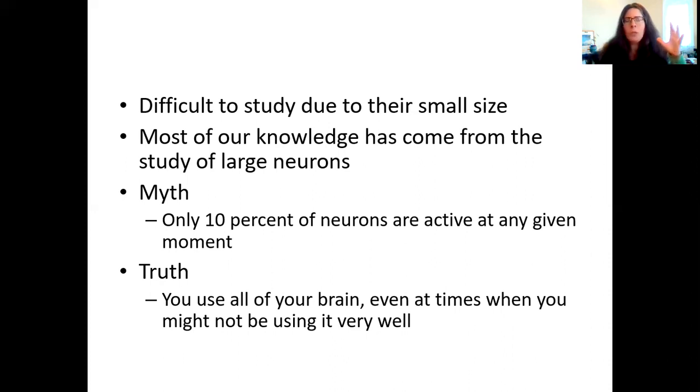The brain is only a few pounds, but it uses most of our nutrition to keep the brain functioning. So you do use all of the brain. So let's dispel that myth right now. Great, so that is the electrical portion of electrochemical communication of the neuron, and we'll talk more about that next week.